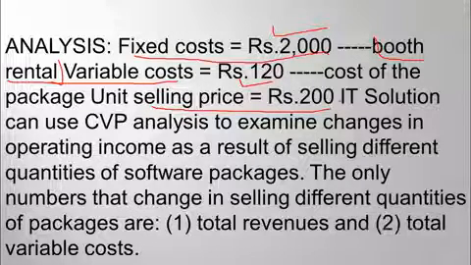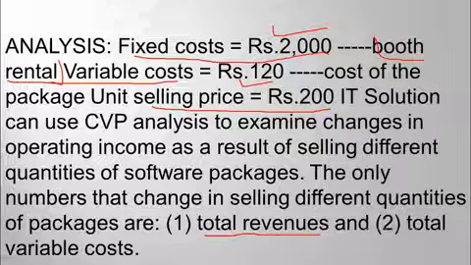Now the question is, IT Solutions can use the cost volume profit analysis to examine the change in operating income as a result of selling different quantities of software packages. The only numbers that change in selling different quantities of packages are the total revenue and the total variable cost.